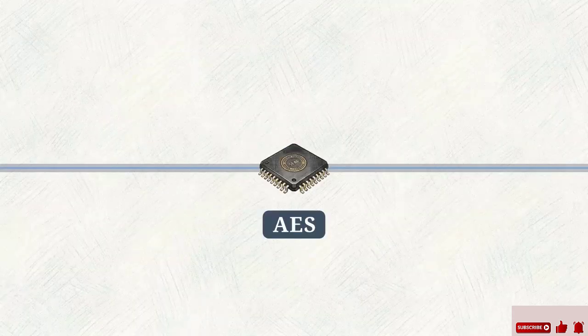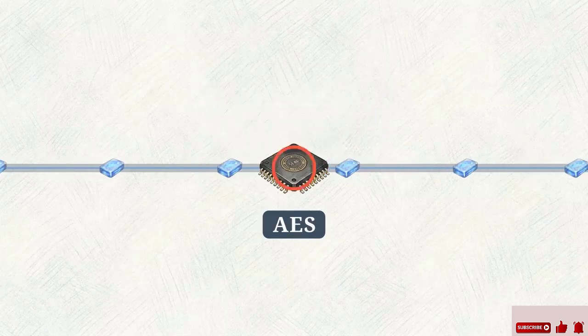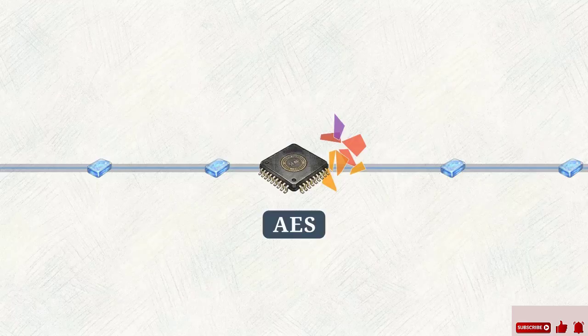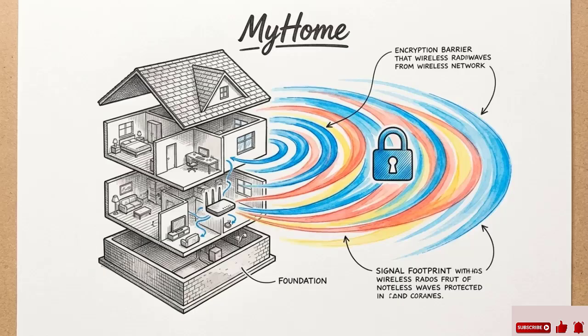That specific string of characters serves as the mathematical seed material for the Advanced Encryption Standard, or AES. The router uses the exact sequence of letters and symbols you typed to perform the cryptographic math that scrambles intercepted radio waves into unreadable garbage data. Because WPA2 acts as an encrypted barrier, leaving your network name highly visible to your neighbors is completely safe.